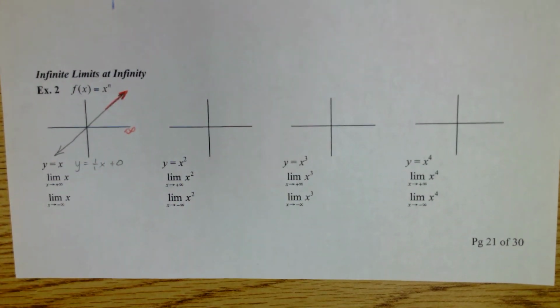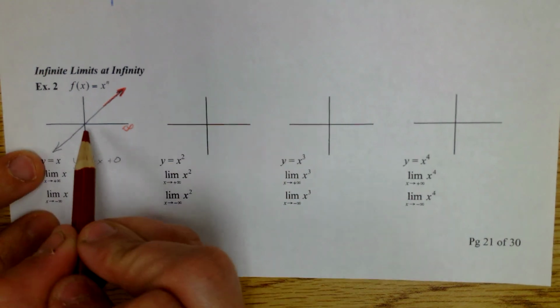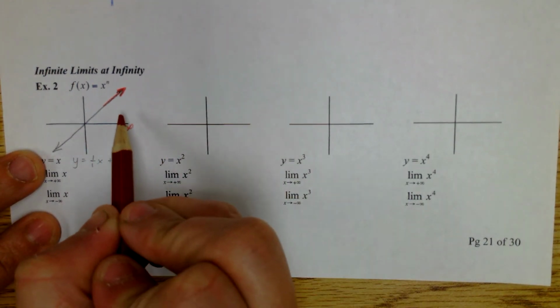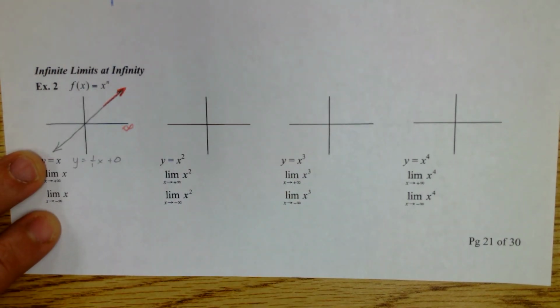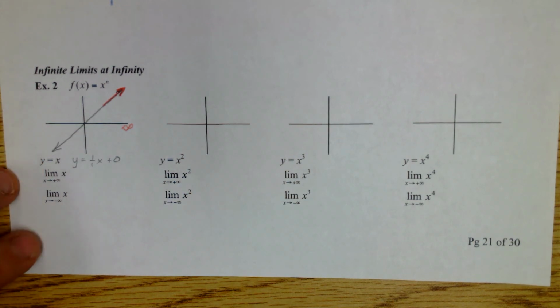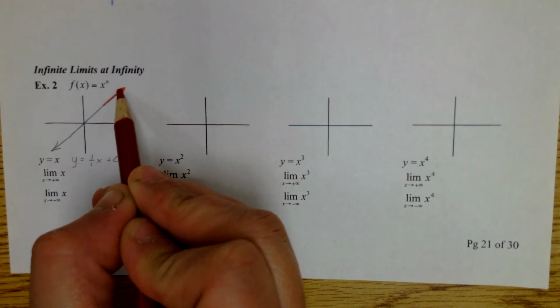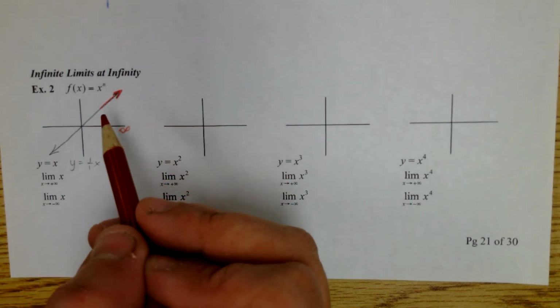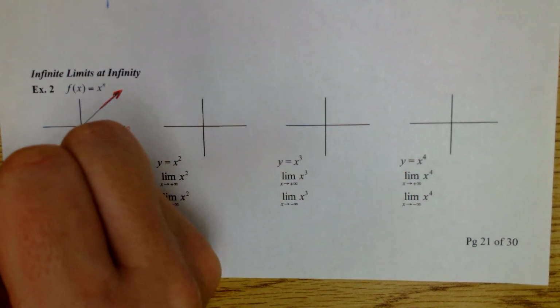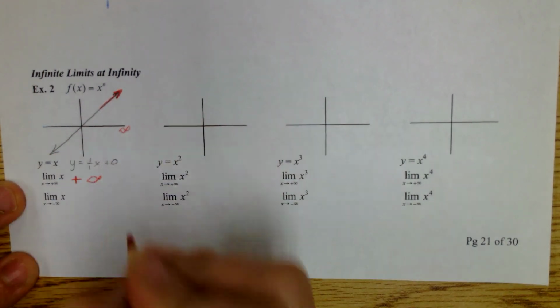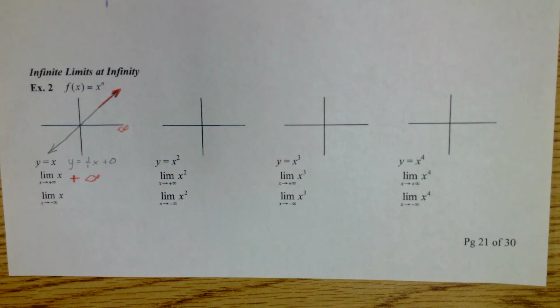What would you tell me that the y value is approaching as x gets bigger and bigger? Anybody? Is y leveling out to a single value, or is it actually continuing to grow? So that's going to tell me this is positive infinity for the limit.